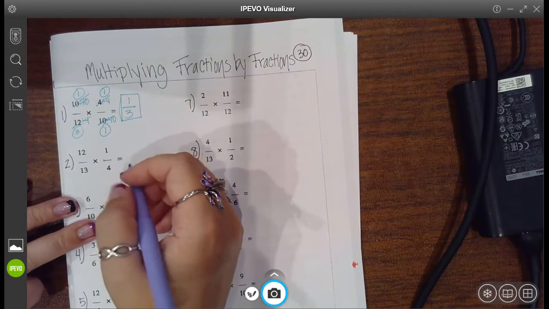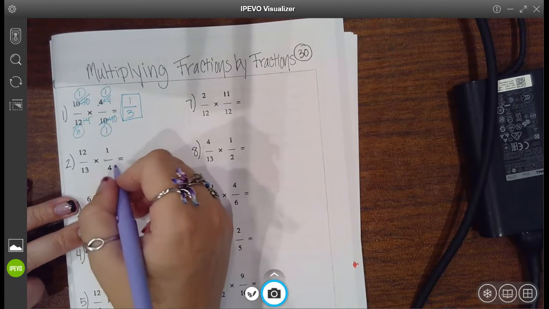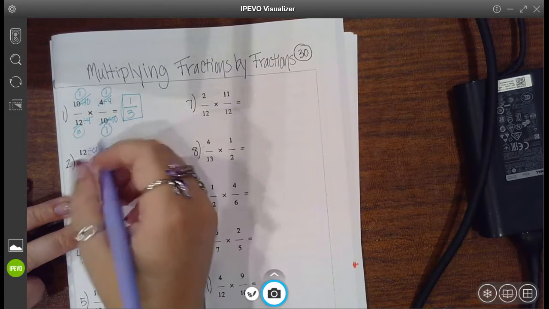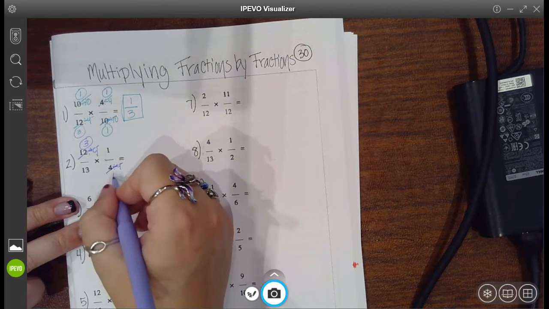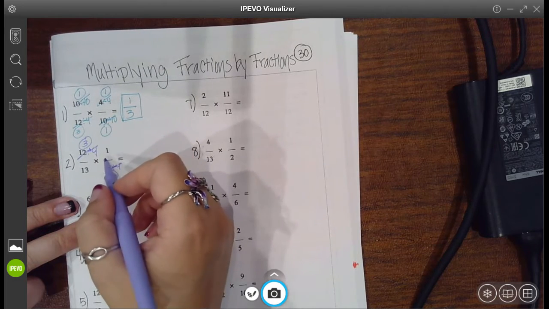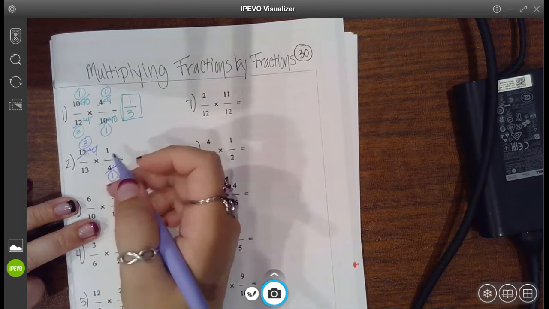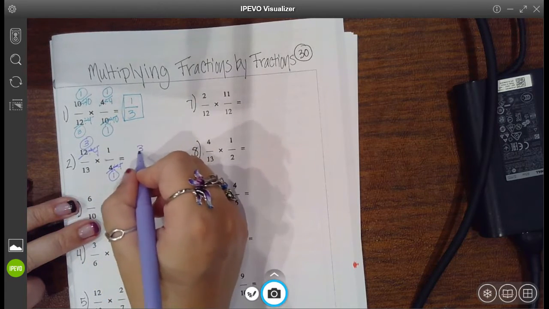Can you cross-cancel anything here? Yeah, what can go into 4 and 12? 4 can. And 12 divided by 4 is 3. And 4 divided by 4 is 1. And then when you look here, nothing can go into 1 and 13 other than 1. You get the same numbers. Okay, so now when you multiply across, 3 times 1 is 3.